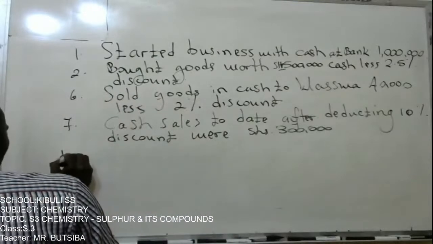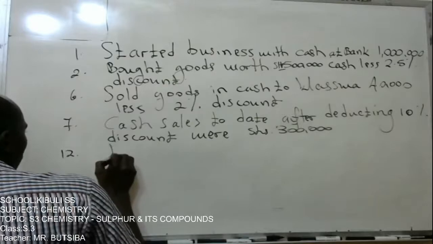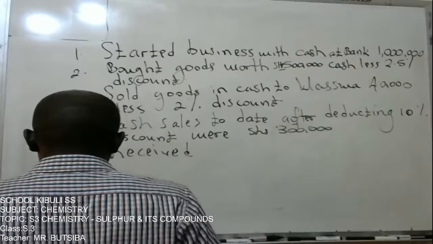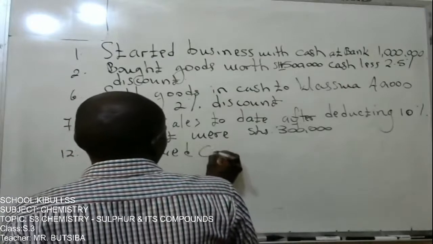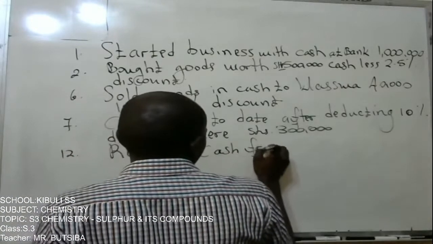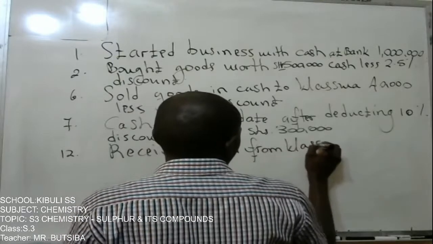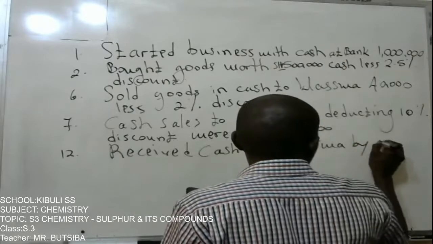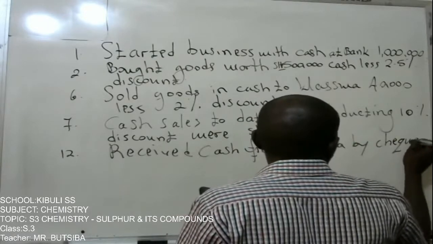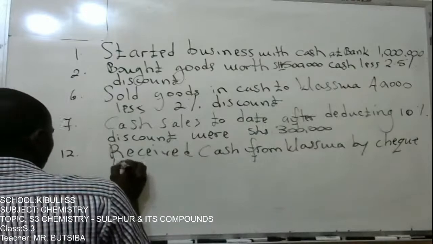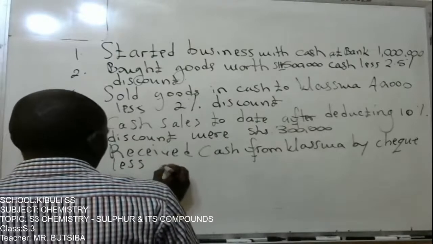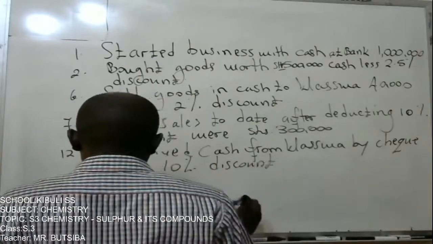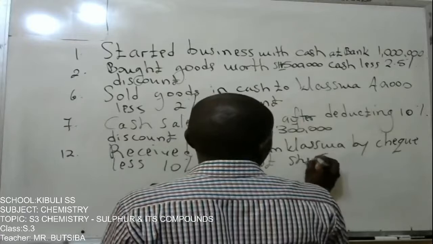And then on 12, it says received cash from Waswa by check, less 10% discount. Then put the amount 500,000.